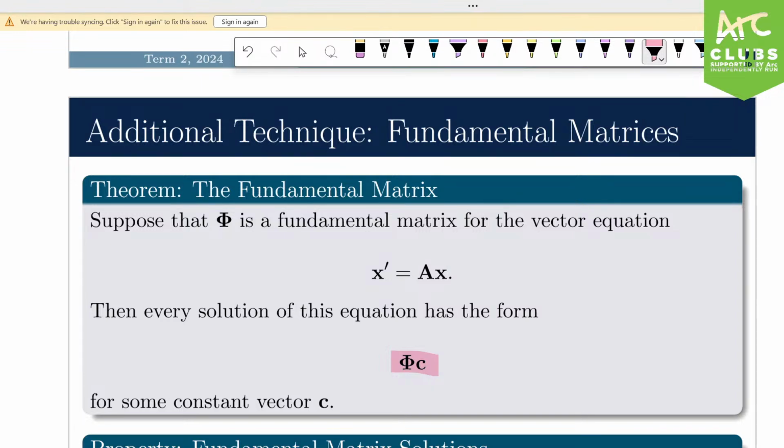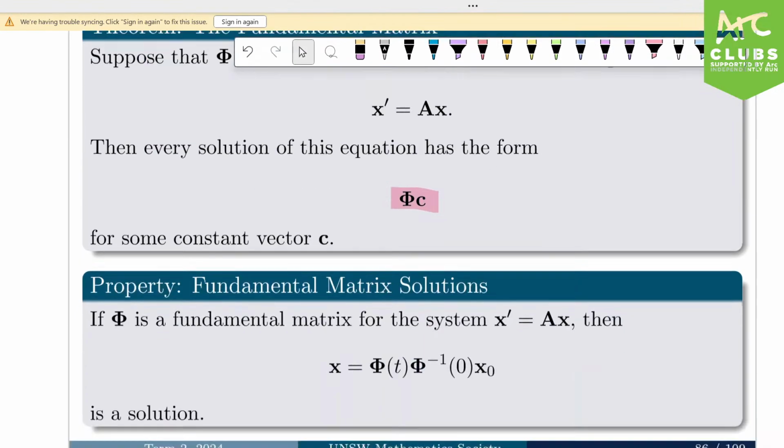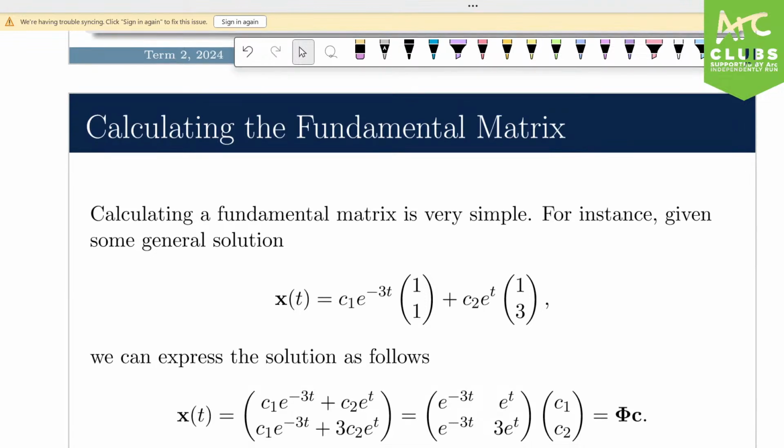So you might be thinking, okay, how do we calculate a fundamental matrix? What does that actually look like? Well, it's very simple. Suppose that we have some ODE with general solution x equals this. Then we can express the solution by taking these exponential things and throwing them into the components. And then we add the whole thing together to get this matrix here.